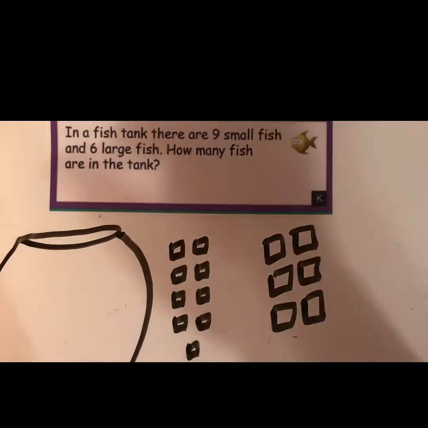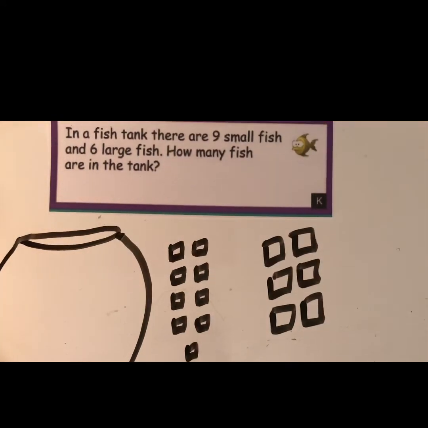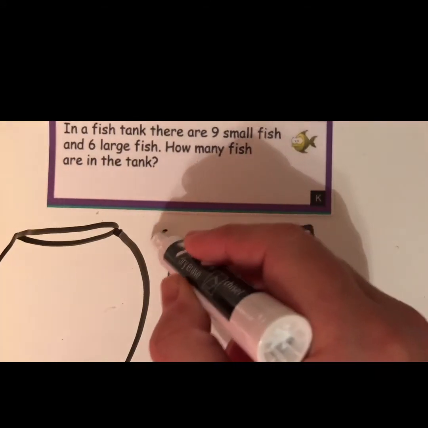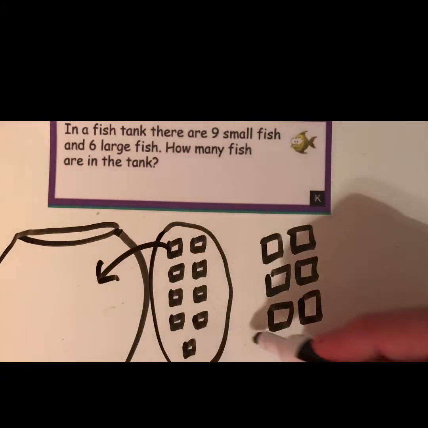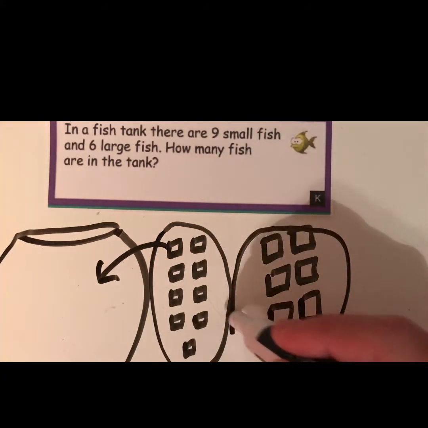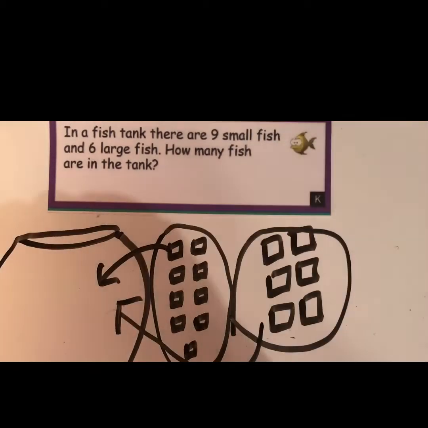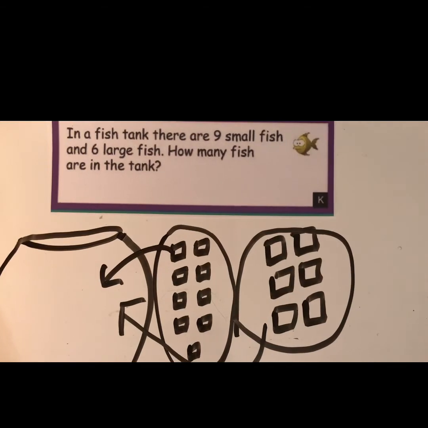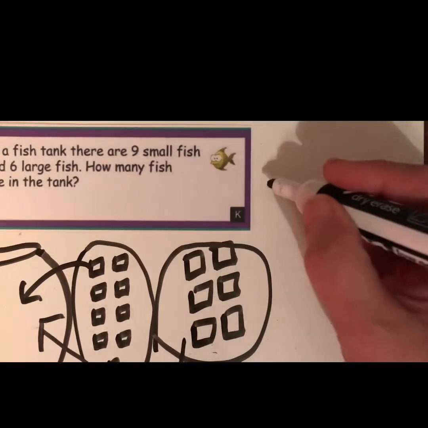Now the question that it's asking us is, how many fish are in the tank? So I would have to take all of these and put them in the tank, and all of these and put them in the tank. So do I need to add or subtract? Well, I'm going to move that information over.